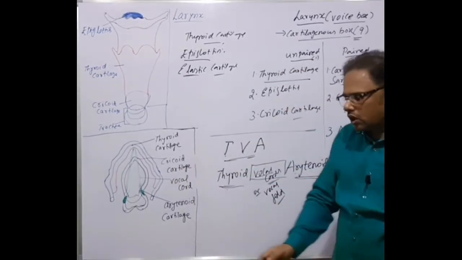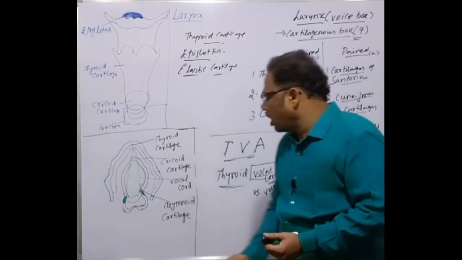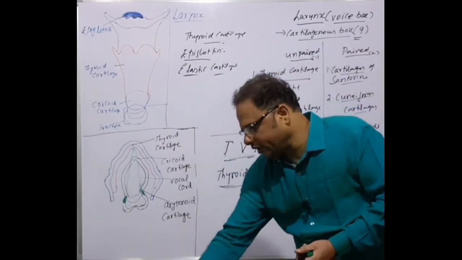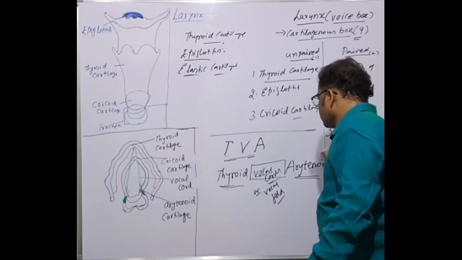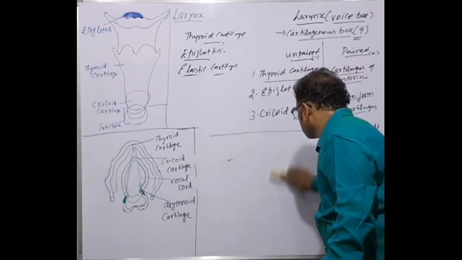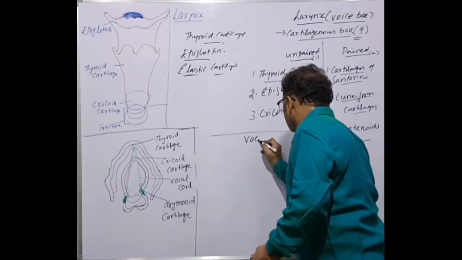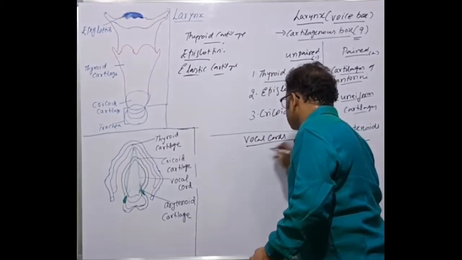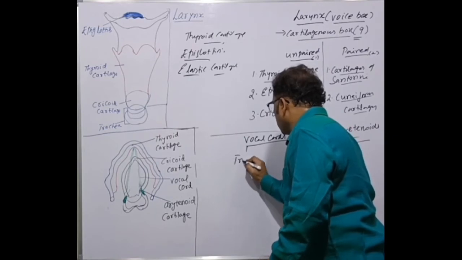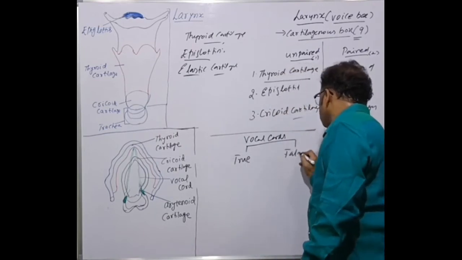So these vocal cords or vocal folds are of two types. One is the true vocal cords. The other is the false vocal cords.